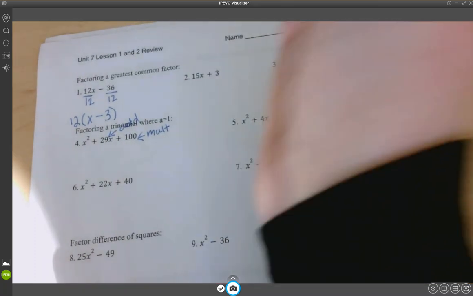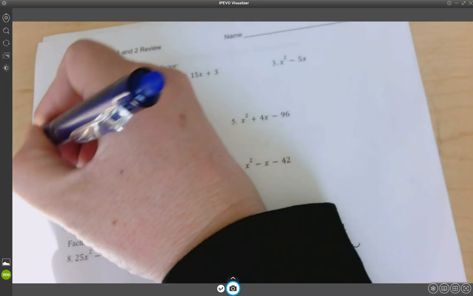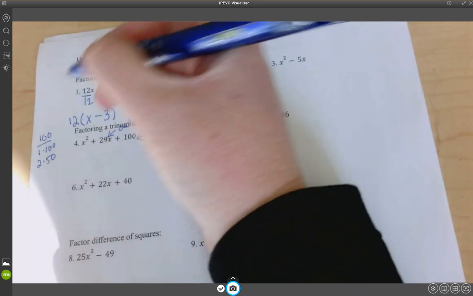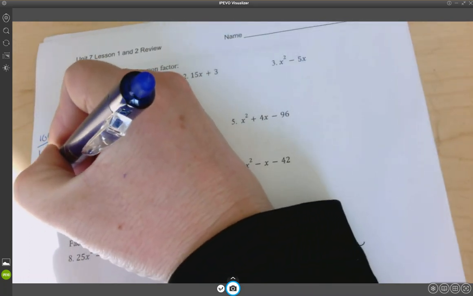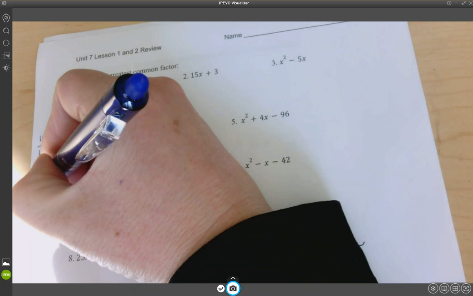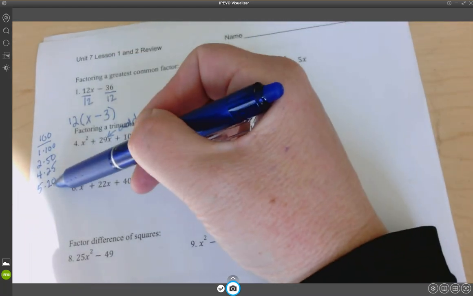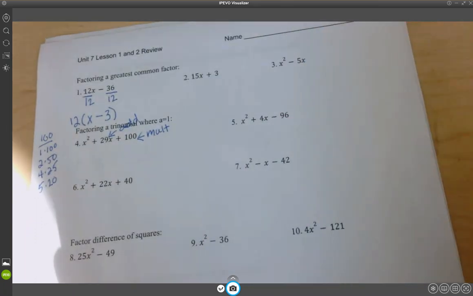So I just start listing numbers that multiply to make 100. Could be 1 times 100, 2 times 50, 3 doesn't work, 4 times 25, 5 times 20, and I'm looking to see, do any of these, if I add them instead of multiplying, give me 29? And this pair here works.